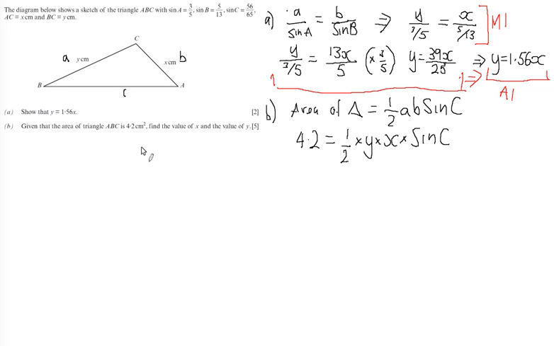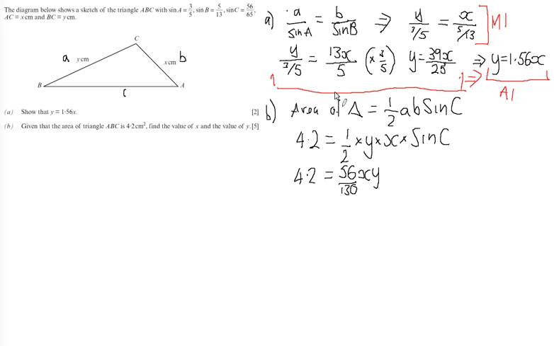Now I can tidy this up a little bit because I can change the sine C. Sine C is 56/65, so what we actually get is 56/130 xy, because it's a half times the 56/65.